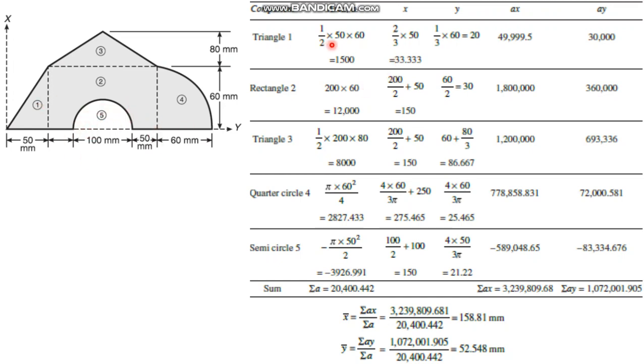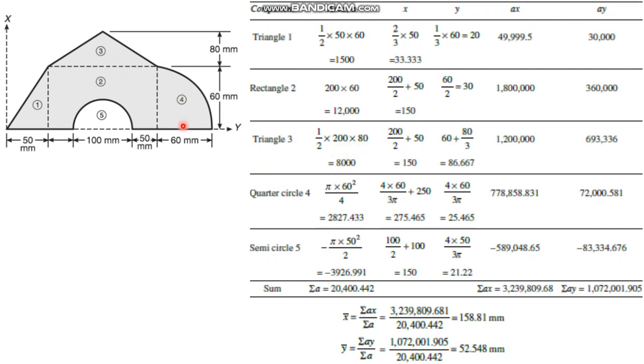So the first area is half into 50 into this height 60. The second area is this rectangle, not half, this is 200 into 60, so you'll get 12000. The third area is this triangle, half into this base 200 and the height 80, so half into 200 into 80.